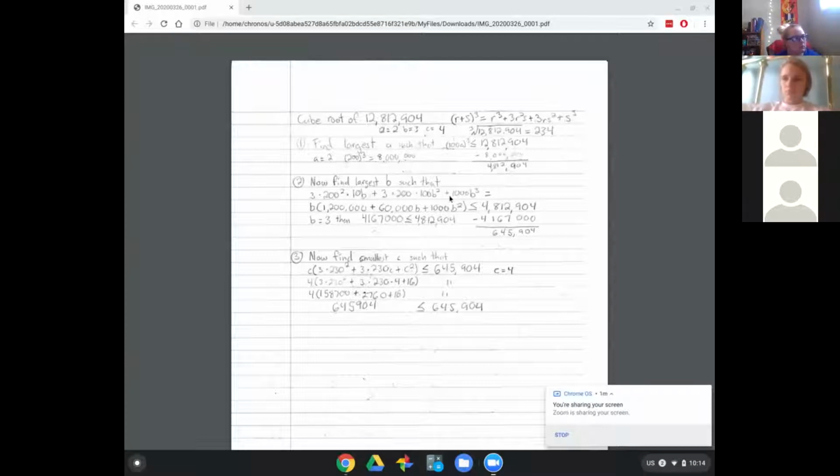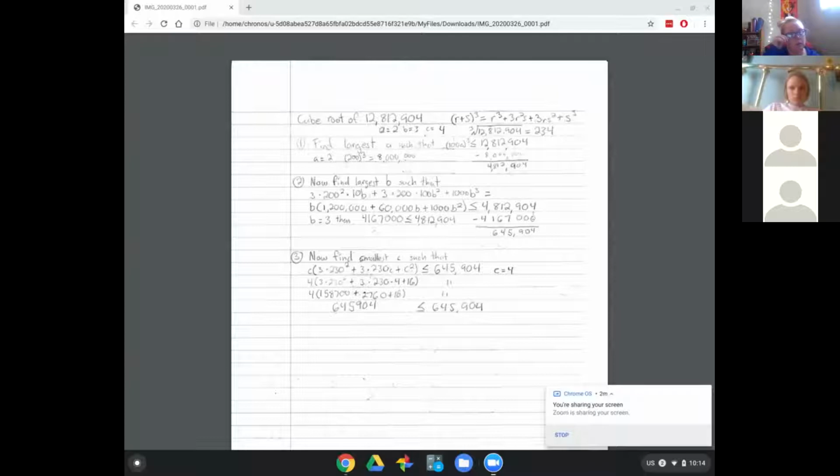Then I simplified it a little bit and kept plugging things in until I got 3. 4 was too big for B. And then I subtracted this number, which was what I got when I substituted B into this, from the remaining volume that we're working with.